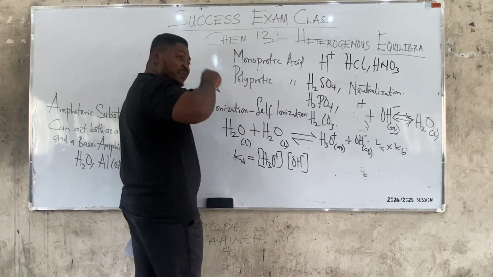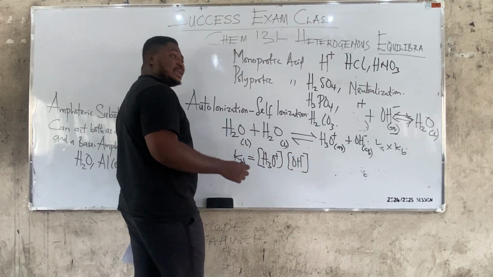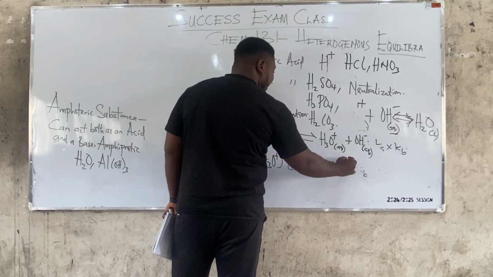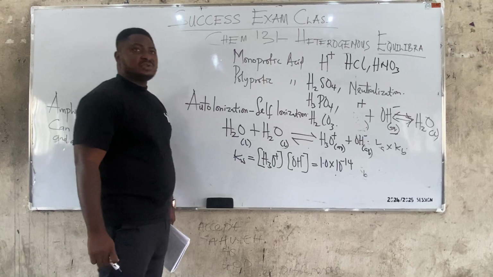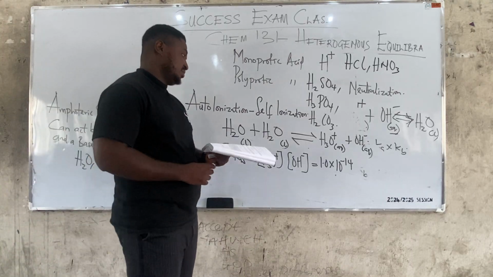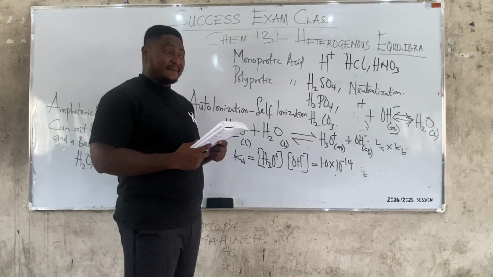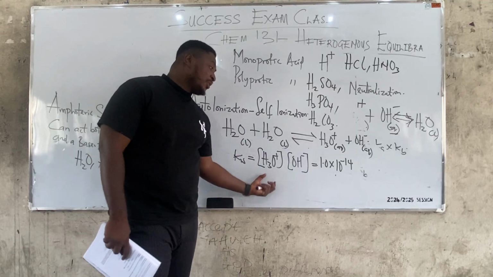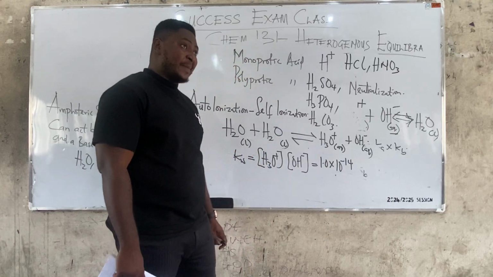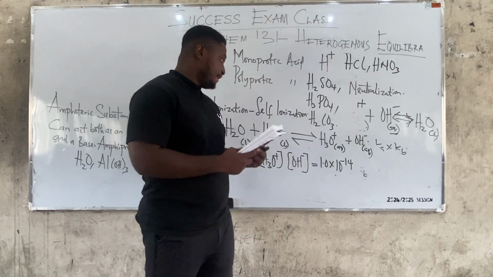The value of Kw has already been calculated to be 1.0 times 10 raised to the minus 14. Don't forget that this does not have a unit. It is a constant because the product of H3O+ and OH- is a constant of 1.0 times 10 raised to the minus 14.